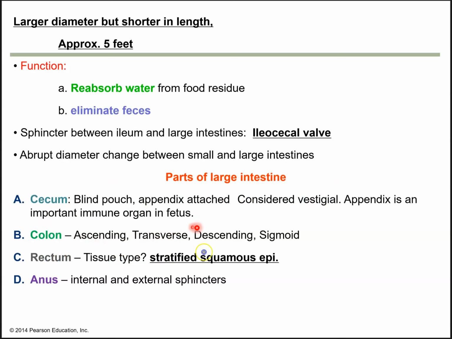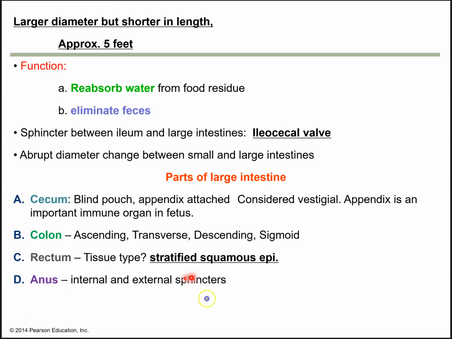So the large intestine is made up of the cecum and the colon mainly, but the other parts are the rectum and the anus. So the rectum and anus are involved in eliminating feces. The tissue type in the rectum is stratified squamous epithelium, because wherever you see a lot of wear and tear and a lot of force, which we exert in the anus and rectum while eliminating feces, right?